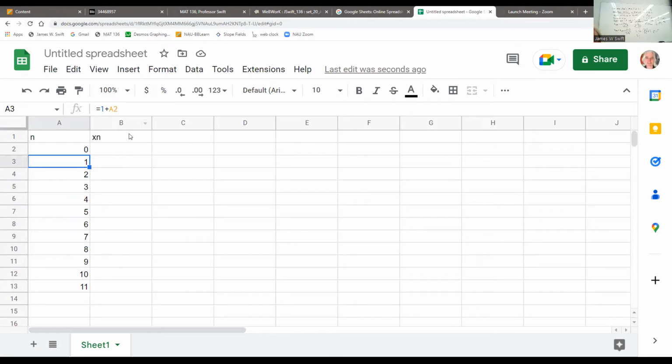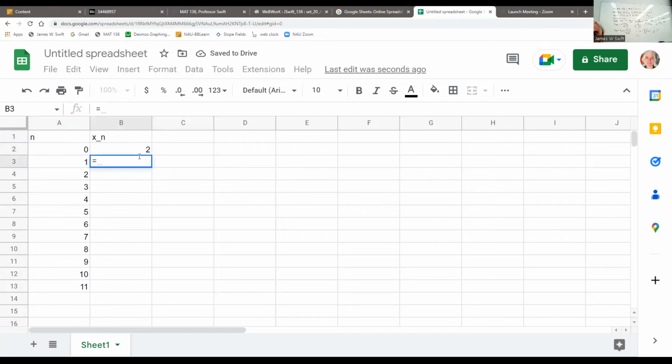So I'm going to do the same thing for x_n. Actually, I'm going to call that x sub n. This is like what we often do for a subscript. So my first guess was x sub 0, x naught, and that's 2. And that's when I enter. What do I do here?